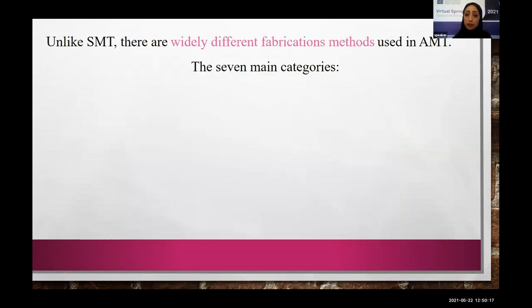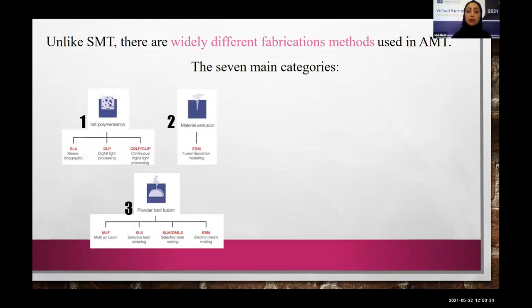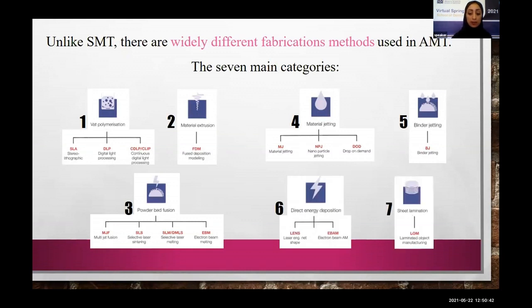Unlike subtractive manufacturing technology, there are widely different fabrication methods used in additive manufacturing technology. The 7 main categories can be broadly classified as follows: vat polymerization, material extrusion, powder bed fusion, material jetting, binder jetting, direct energy deposition, and sheet lamination.